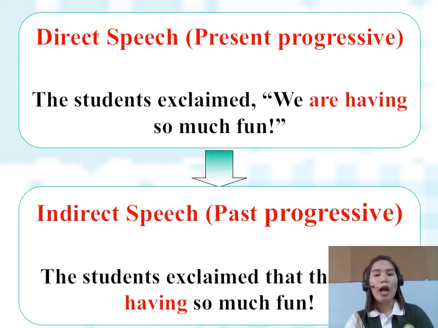So from are having, we change it into were having. And of course, there is that. We also change the pronoun we into they. So that is present progressive into past progressive tense. So always take down notes, grade 7.